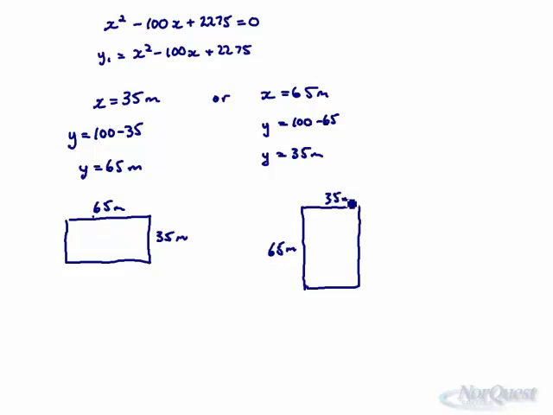They would both give you the same area. They would both give you the same perimeter, which is why you have two possible dimensions. So we would just say that the dimensions are 65 meters by 35 meters.